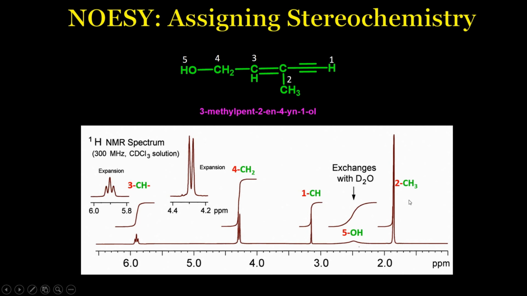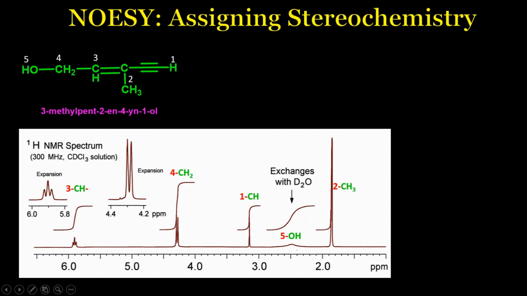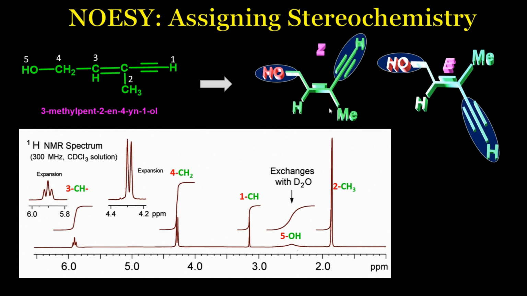So now we have assigned the proton NMR of this molecule, but this molecule actually exists as two isomers. One is the Z-isomer and another is the E-isomer. In the Z-isomer, the CH2OH and acetylene are on the same side, and in the E-isomer they are on opposite sides. So the 1H NMR of both molecules will have the same splitting pattern.